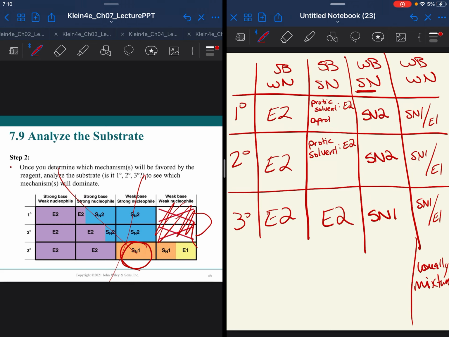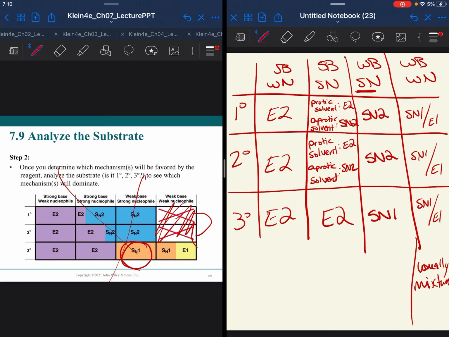If you have an aprotic solvent, so DMSO, DMF, acetone, that is going to push us towards SN2. So that aprotic solvent will give you SN2.